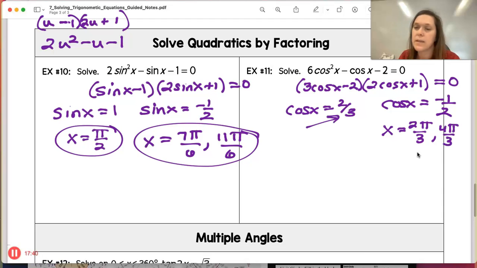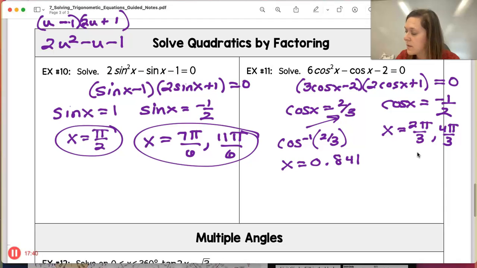Now this is not on my unit circle. So how do I solve for x? Well, we have to use inverse trig. So on my calculator, I'm going to do an inverse cosine of 2/3, which gets me, and make sure you're in radians, 0.841. Okay, because these are radian answers, right? So this needs to be a radian answer right here.